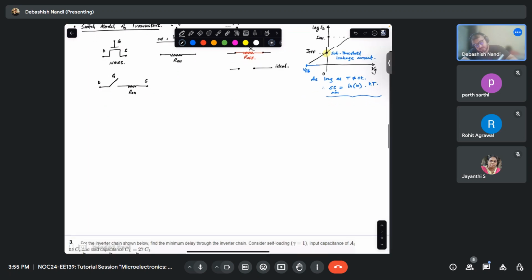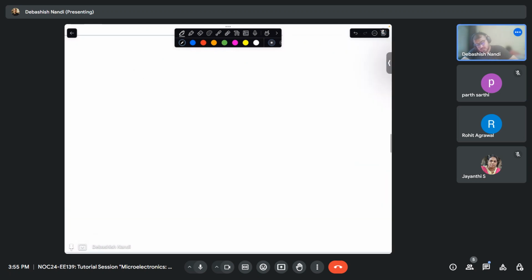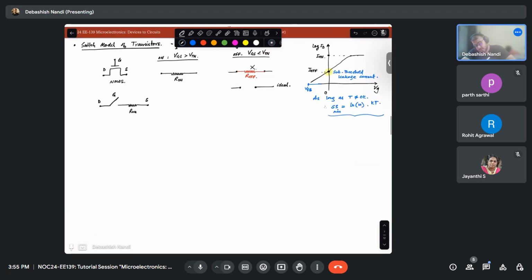Now let's say you have an inverter, and a large amount of circuits are connected. I can represent this entire stuff as an inverter and a load capacitance.